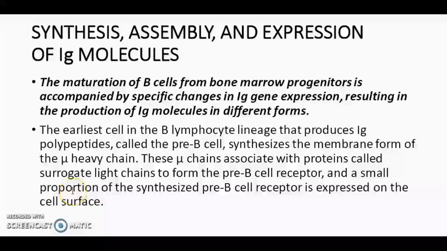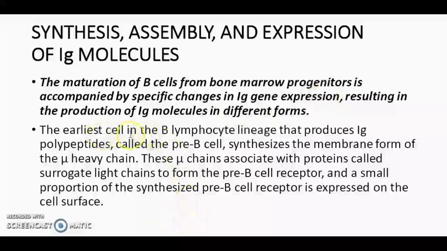Synthesis, assembly and expression of immunoglobulin molecule. The maturation of B cell from bone marrow progenitor is accompanied by specific changes in immunoglobulin gene expression, resulting in the production of immunoglobulin molecule in different forms.